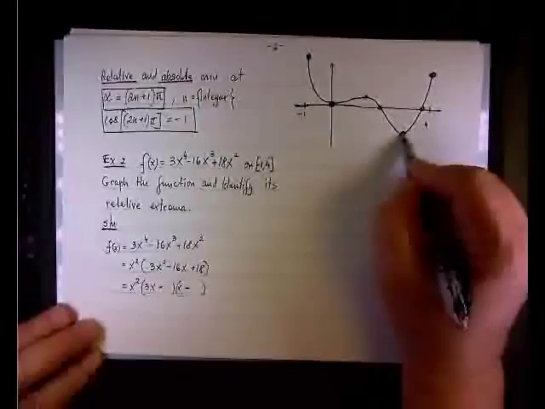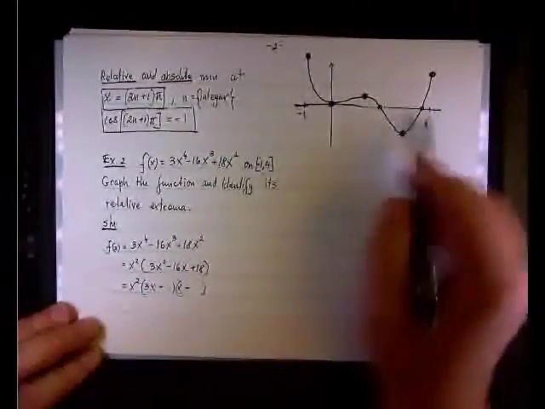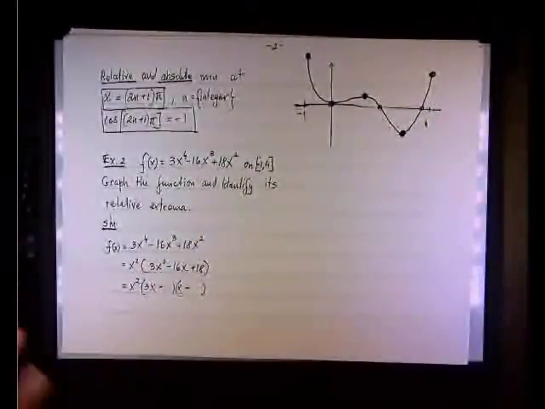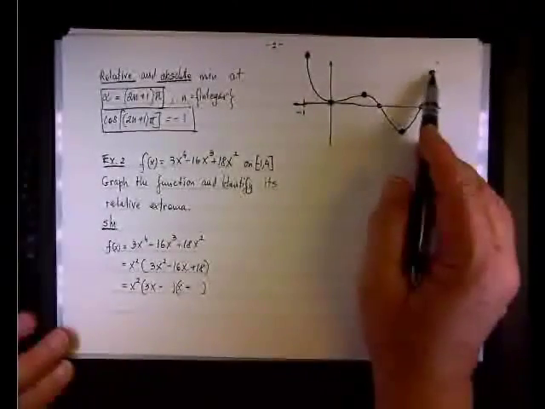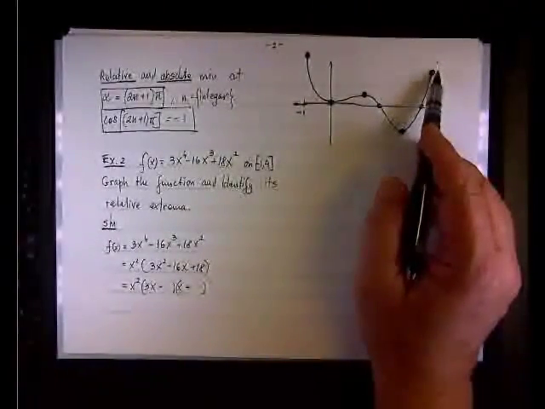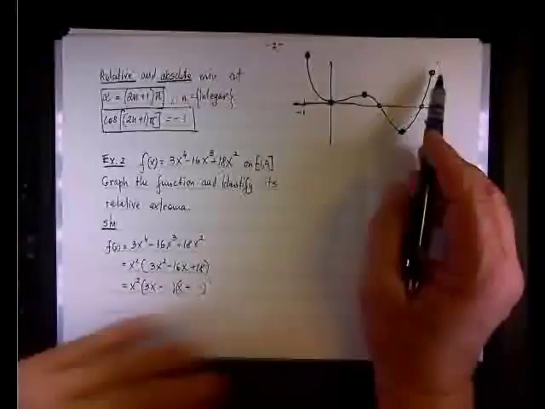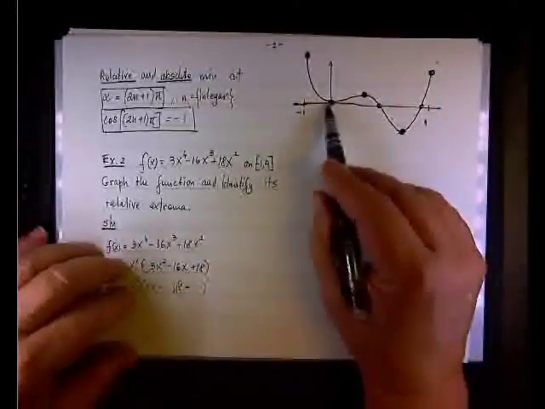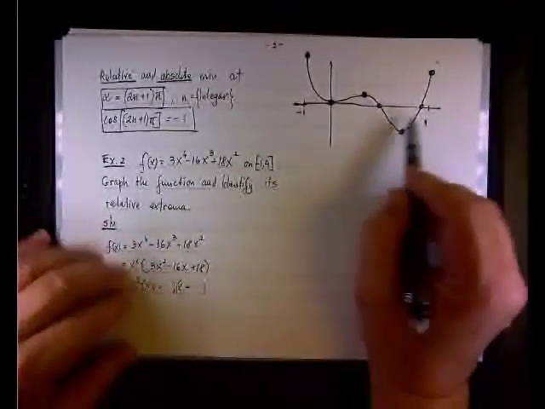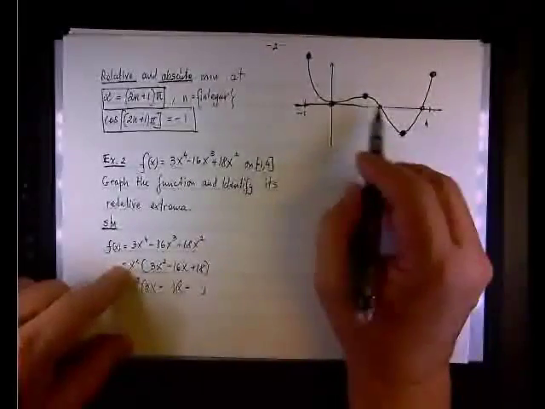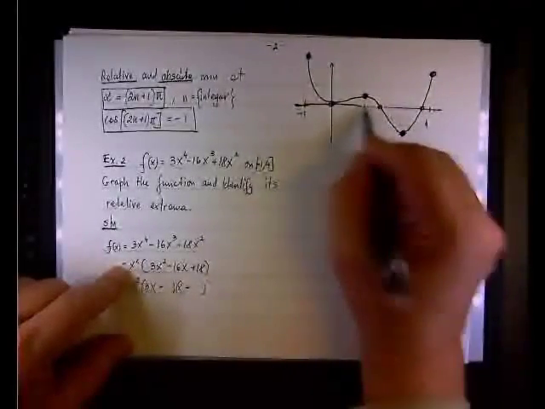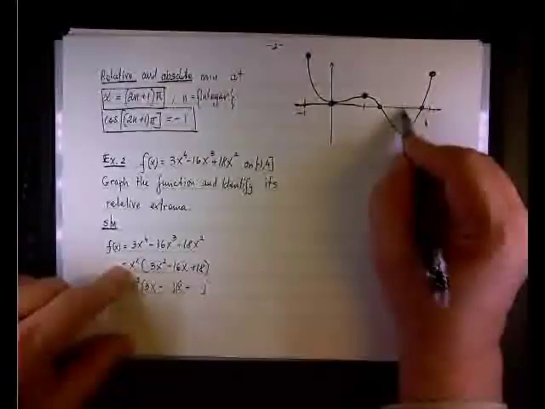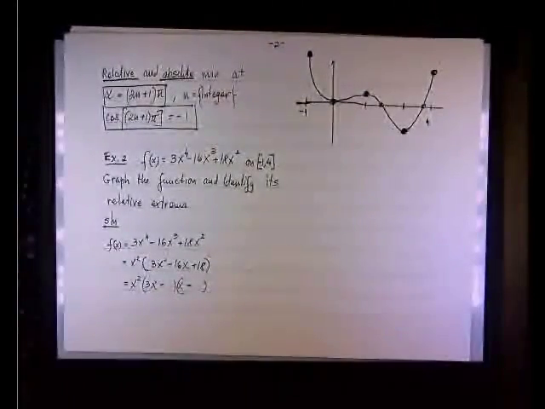We're interested in the local and the absolute extrema. And we have 5 points that we're interested in. The 2 points that are obvious are the endpoints, and the 2 non-obvious points are these points 1, 2, 3. Okay? So those are the points that interest us. How are we going to find those points?